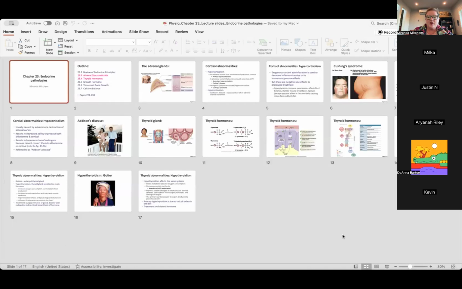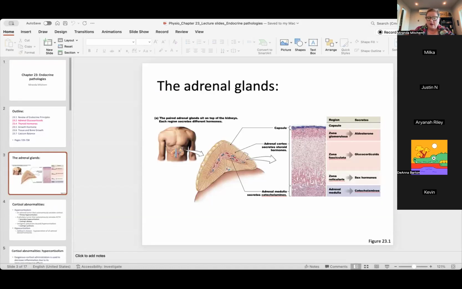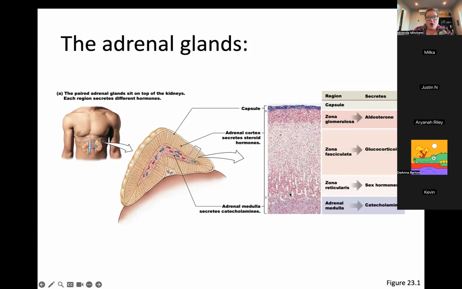Okay, so the two endocrine pathologies we talked about were abnormalities to cortisol and then abnormalities to the thyroid gland. So we'll talk first about cortisol. Depending on where we are in the adrenal gland, that is associated with the production of different hormones. The cortex is where we get the production of our glucocorticoids, our steroid hormones.